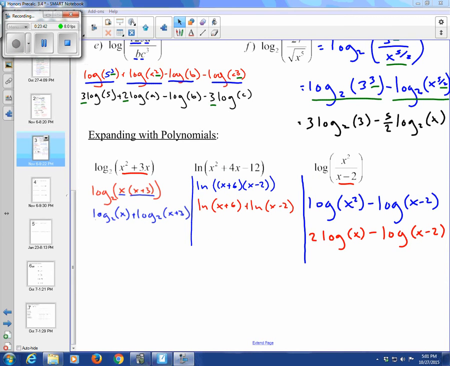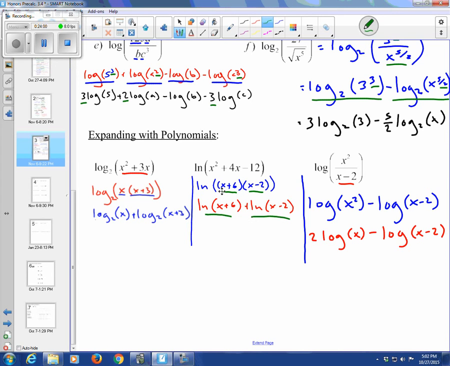All right, guys. So looking at these next 2, we've got the natural log of x squared plus 4x minus 12. I can represent that as x plus 6 times x minus 2, and then expand that out into 2 positive natural logs, since I've got a multiplication of these 2 linear factors.